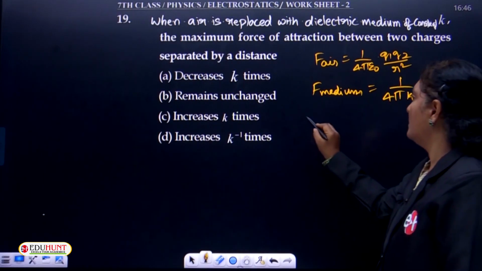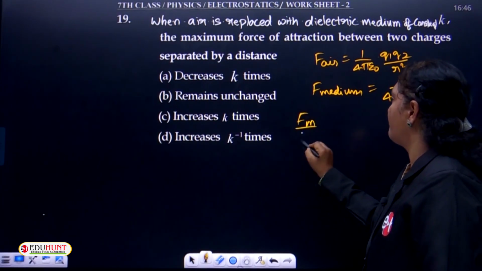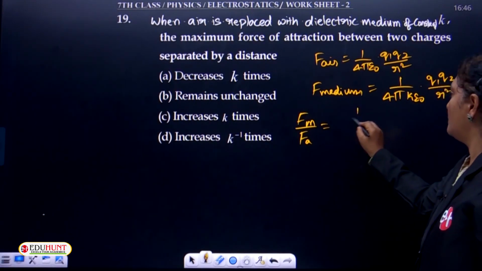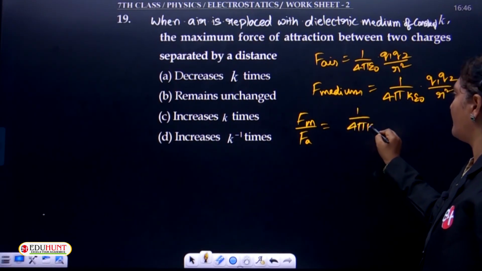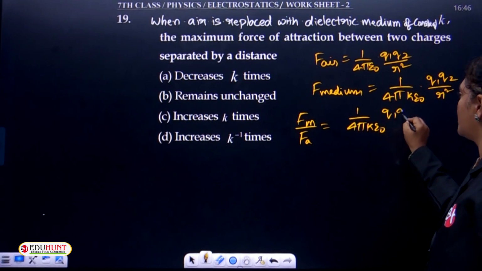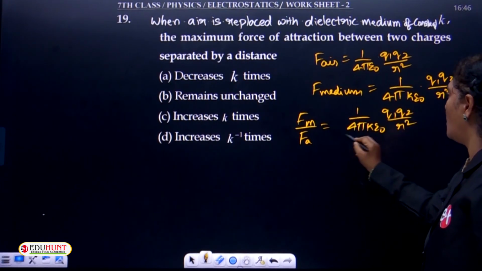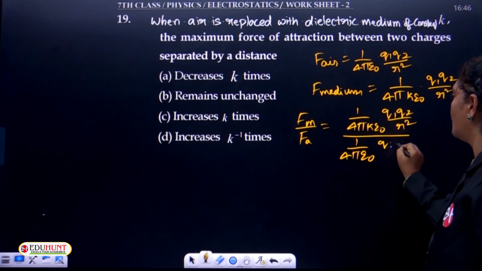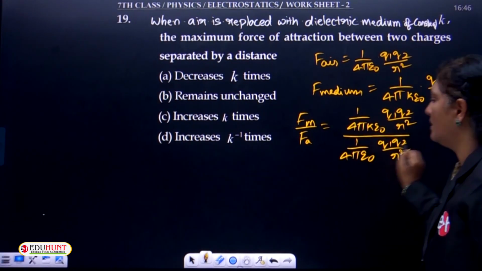Okay, so now taking the ratios, Fm by Fa can be written as 1 by 4 pi k epsilon naught into q1 q2 by r square whole upon 1 by 4 pi epsilon naught q1 q2 by r square.